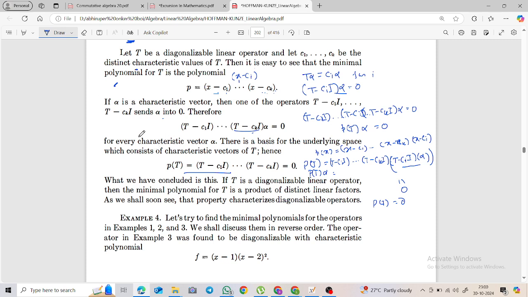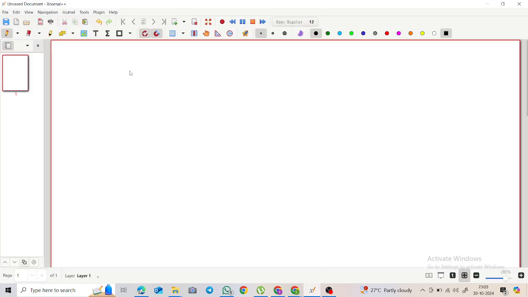For every characteristic vector alpha, there is a basis for the underlying space which consists of the characteristic vectors of T. Hence, this happens. You understand the meaning of this line? They are saying that T is diagonalizable.